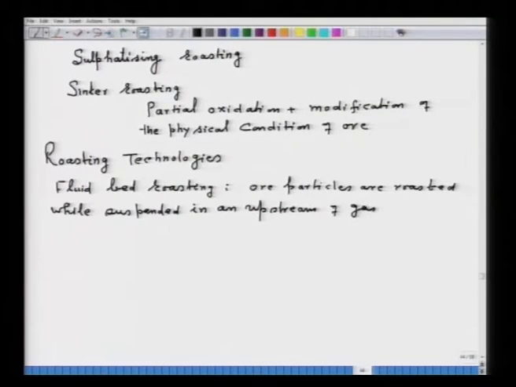Mind you, this mechanism will have a very high reaction rate, because the particles are suspended directly in the air and a very high surface area is exposed.